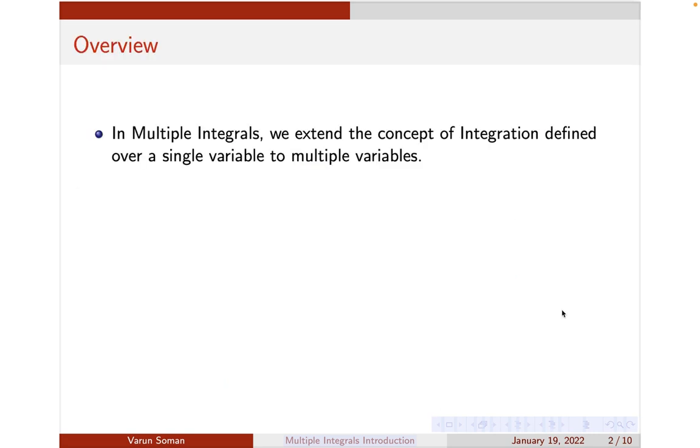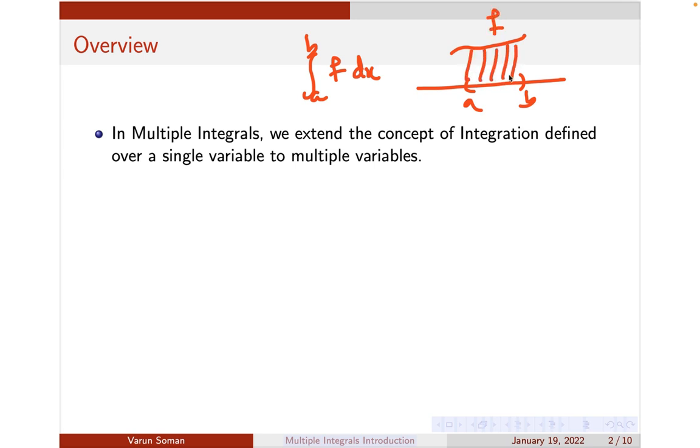Just as when you are integrating over a single variable, for example f dx, you know that we are integrating over an interval, and f is a function defined over this interval. Basically this will give the area under that curve. Many geometrical interpretations can be made of this integral.